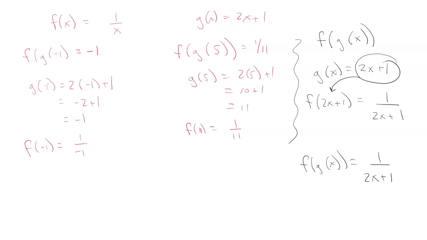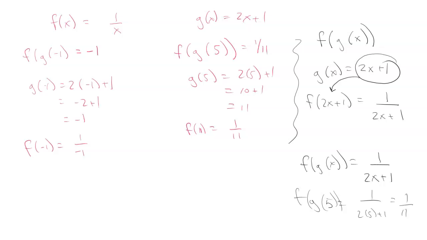So that means I should be able to plug a 5 into this, and it just immediately will give me the 1 over 11, right? So if I plug a 5 in, this will be 1 over 2 times 5 plus 1. 2 times 5 is 10. 10 plus 1 gives me 11. Yes, it's the same answer.